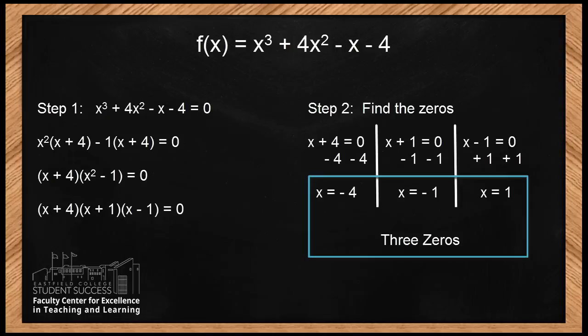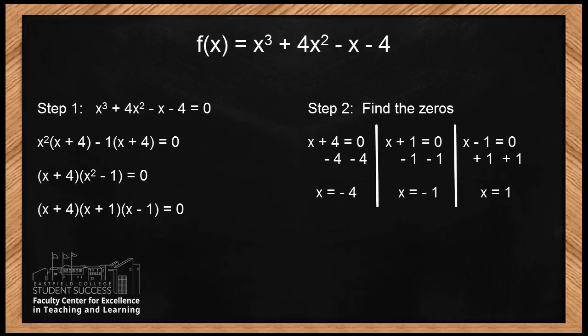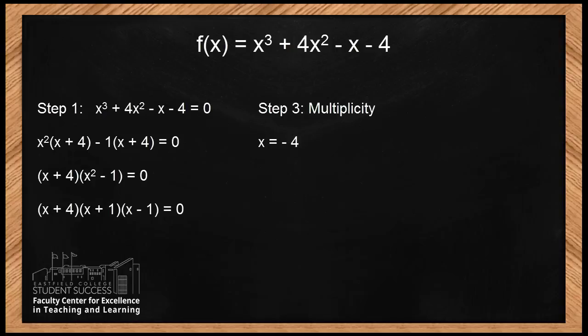Now, we answered the question for finding the zeros, but we didn't answer the question on finding the multiplicity. So step number 3, multiplicity. Let's look at the multiplicity for the first zero, x equals -4.